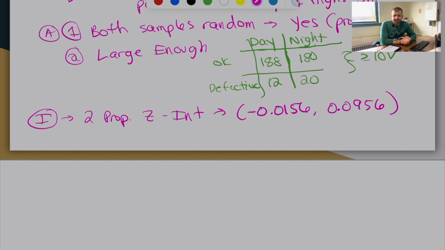Biggest thing here, what am I looking for? I'm looking for 0 to be a part of that interval. And so because 0 is here, we have no evidence of a difference.